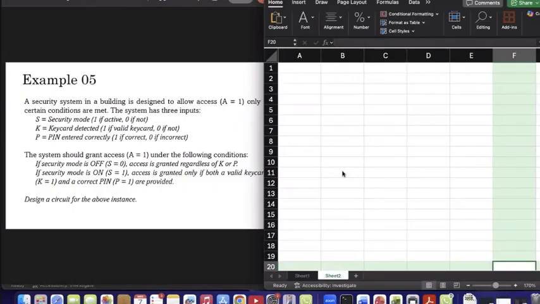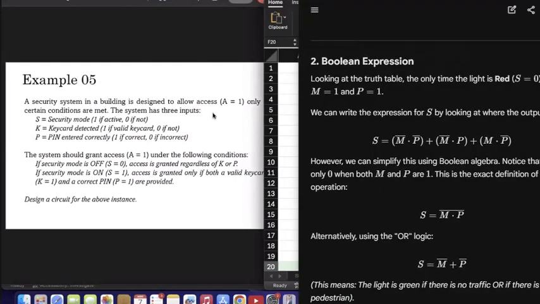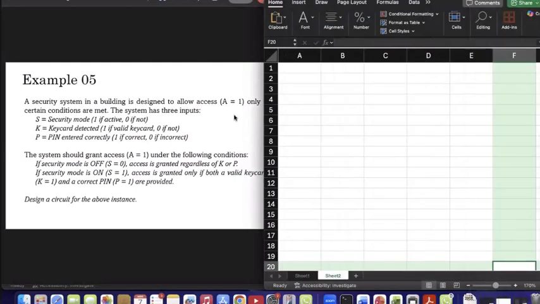Earlier in our case, there were only 3 variables. I didn't go for minimization, but now we will see. Read it carefully. A security system in a building is designed to allow access, A equal to 1, only when certain conditions are met.